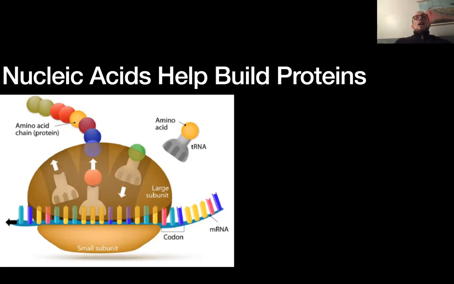Keep in mind, as you start to read and learn about these things, that there is one molecule that we mentioned here that forms a bridge between proteins and nucleic acids, and it is a nucleic acid itself. It's called RNA. RNA stands for ribonucleic acid.